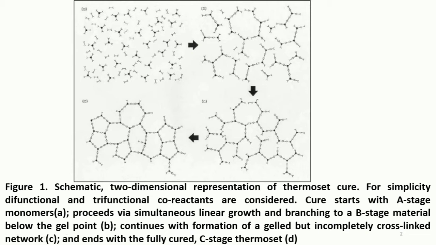Reaction in an early stage of cure, A to B, produces large and branched molecules which subsequently reduce the number of molecules.